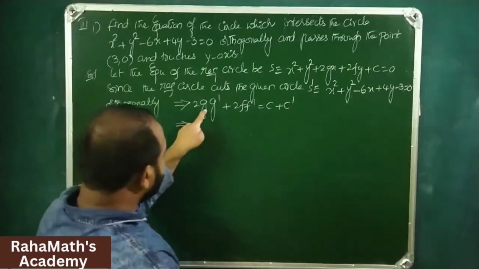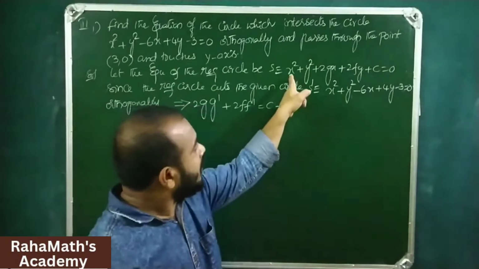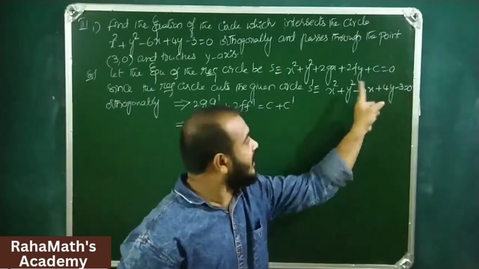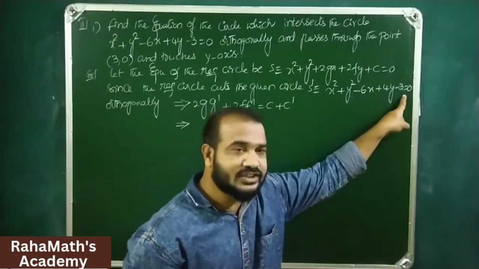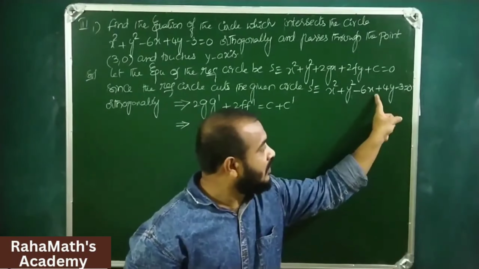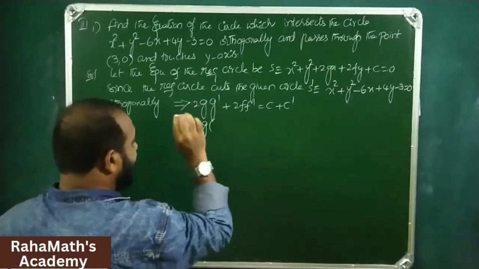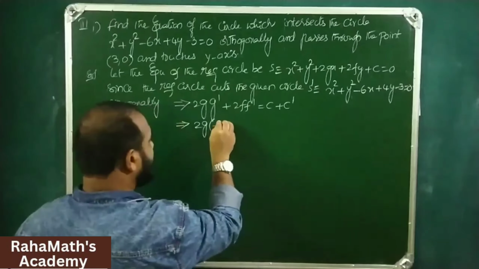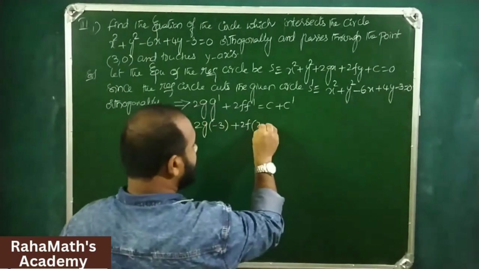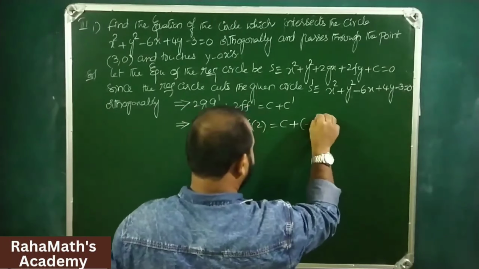So g, f, c are the letters of the required circle, and g dash, f dash, c dash are the letters of the given circle. So this is 2g into minus 3, plus 2f into 2, equals c plus minus 3.